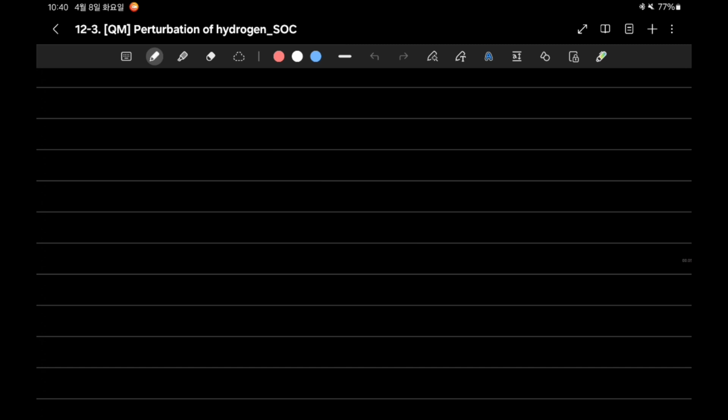The second ingredient of fine structure comes from the spin-orbit coupling. So let's think about the spin-orbit coupling. As you know, hydrogen consists of a proton, with an electron revolving around the proton.